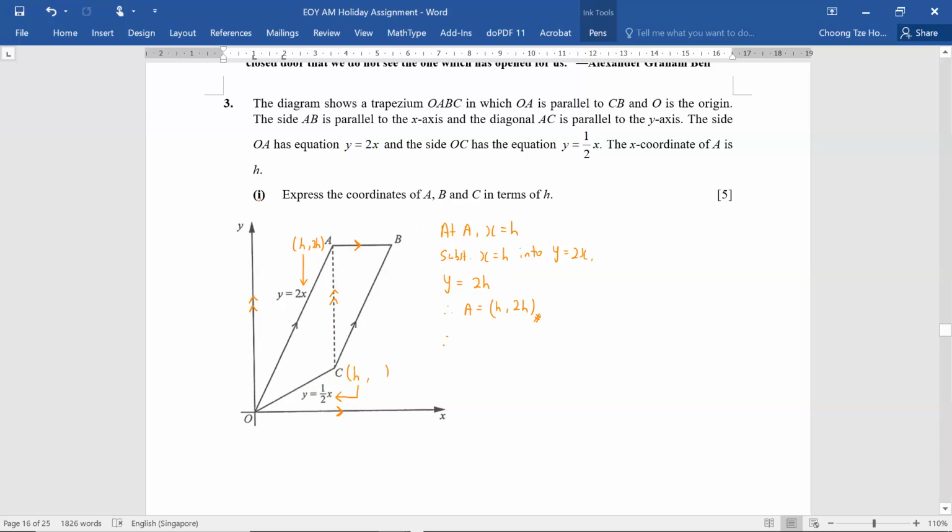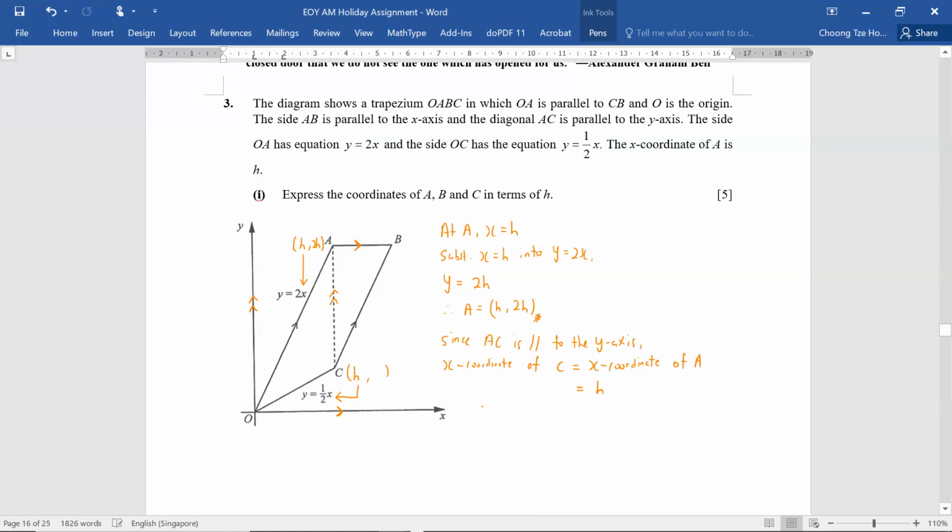Since AC is parallel to the y-axis, x coordinate of C equals x coordinate of A, which equals h.